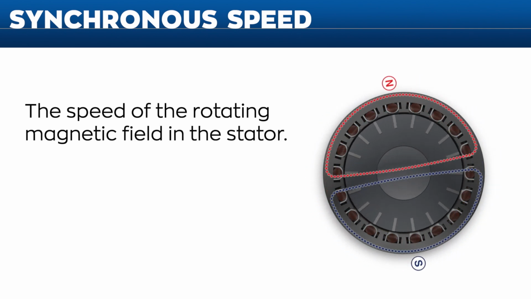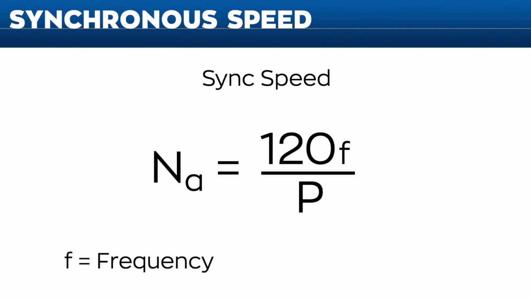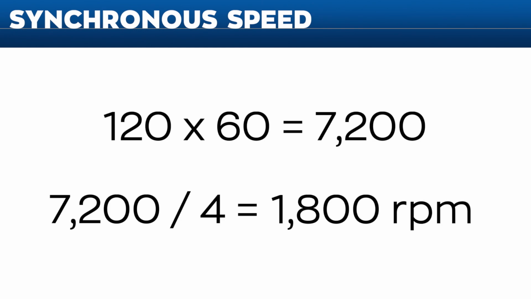You can calculate synchronous or sync speed by using the formula 120 times F over P, where F is the frequency of the AC power supplied and P is the number of motor poles. We'll talk about motor poles in a second. So, with some simple math, you can see that a 4-pole motor connected to a 60 Hz power source would have a sync speed of 1800 RPM.